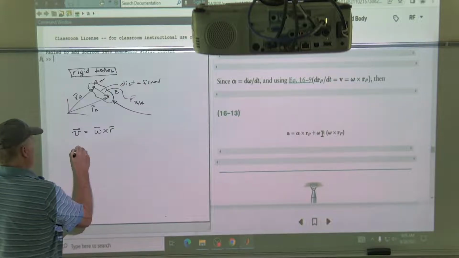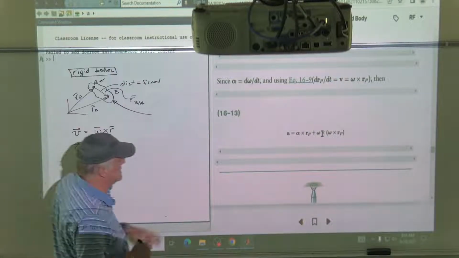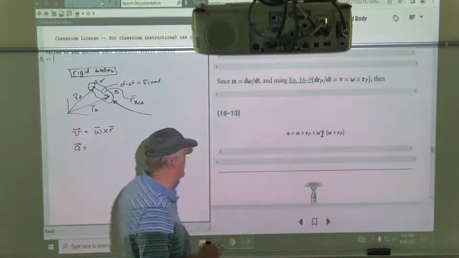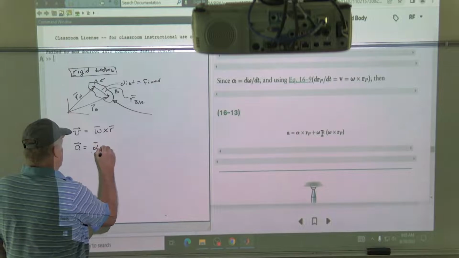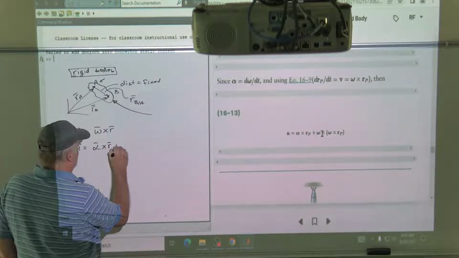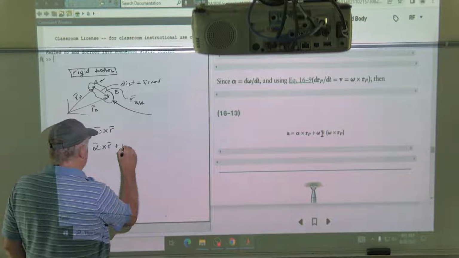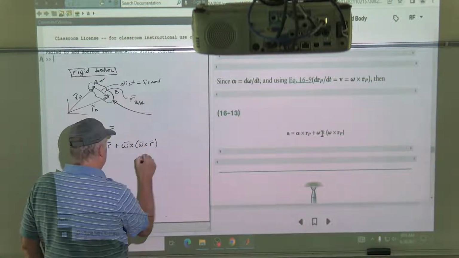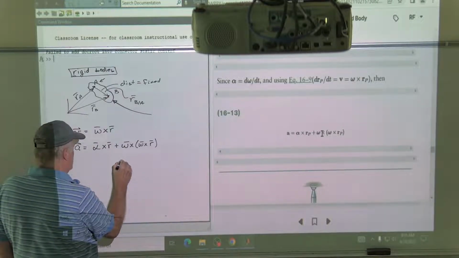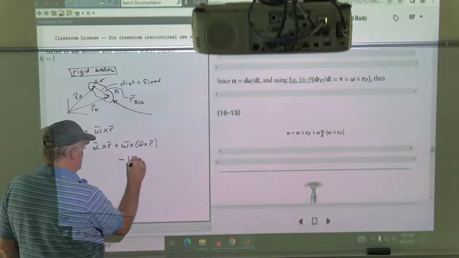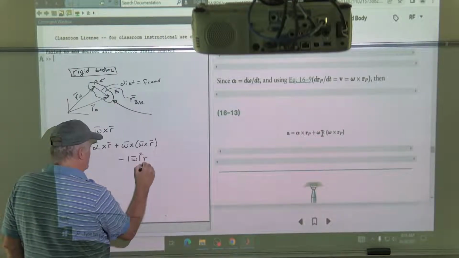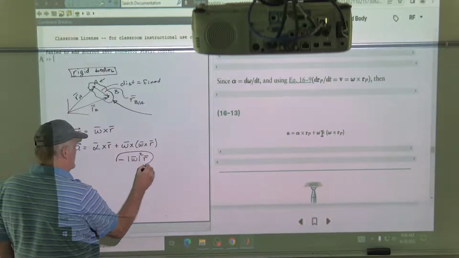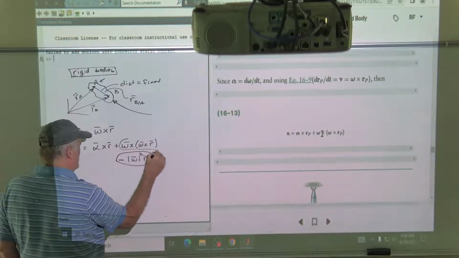Then he says the acceleration, which is what you get if you take the derivative of this. These are all vectors, and you could show that this part always equals that part.